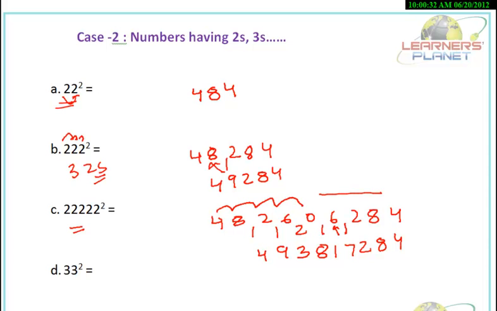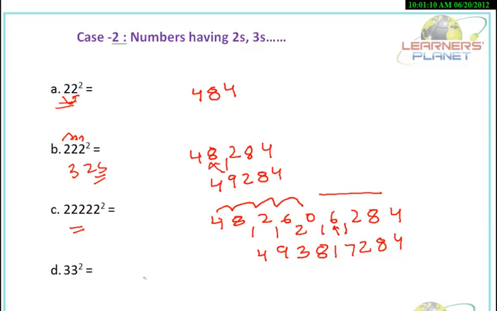Okay, students. Now we take the squares of the numbers containing 3's. As in the previous case, we were speaking the table of 4. In this case, the square of 3 is 9. So we'll be speaking the table of 9 up to the number of 3's available with us.